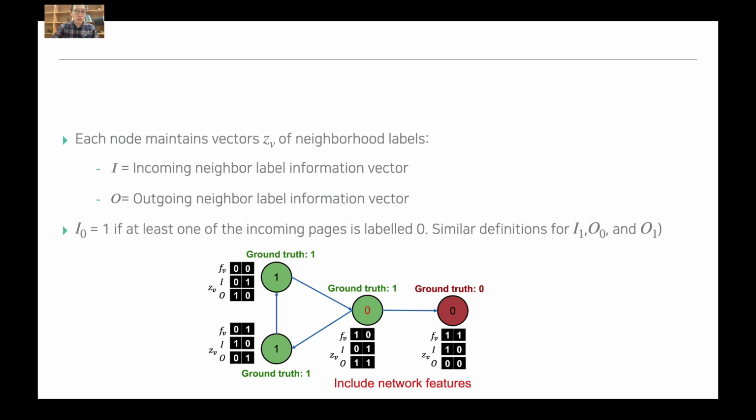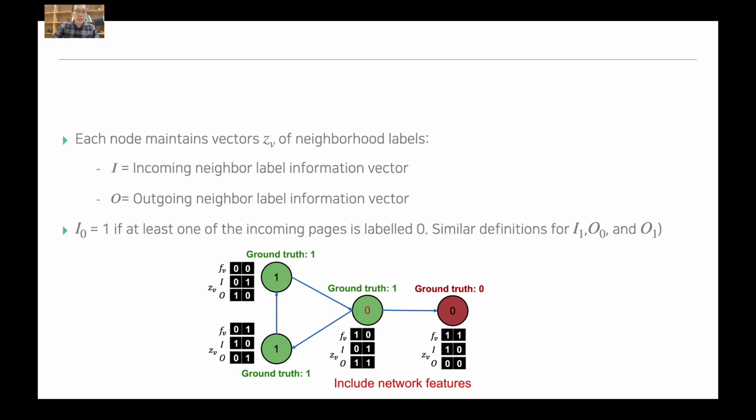So each node maintains the summary vector ZV of the neighborhood labels. We also introduce two different information vectors: I is the incoming neighbor label information vector, and O is the outgoing neighbor label information vector.